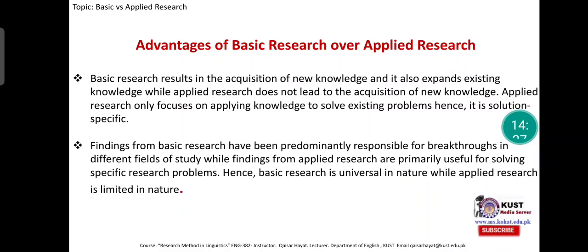Now there is another point, and that is that findings from basic research have been predominantly responsible for breakthroughs in different fields of study, while findings from applied research are primarily useful for solving specific research problems. Hence, basic research is universal in nature, while applied research is limited in nature.